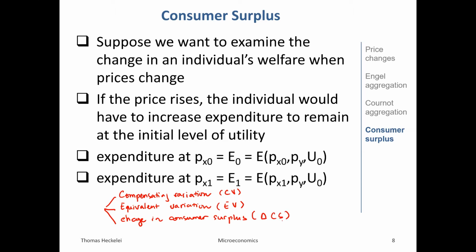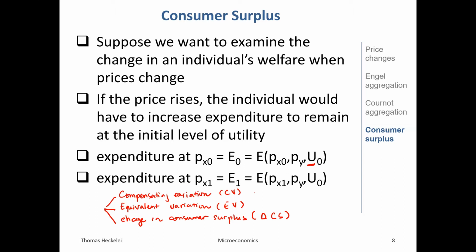Now, we already learned about the CV, or compensating variation, last week. That's the extra money we need to give a person in order to keep him or her as well off as before the price change. So that's calculated as the difference in the expenditure needed to reach the same level of utility U0, the prior level, after and before the price change, right?